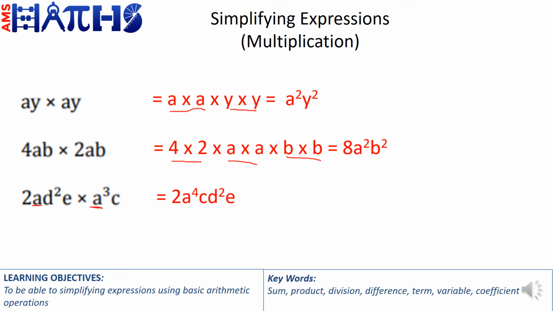So we get a to the power of 4, if you should write it out. Then we looked at our c. We only had 1 c in the question to be multiplied. So here we have 1 c. Then we looked at our d. We only had d squared, which is d squared. And then we have e, which is 1e. So when multiplied, we would get 2a to the power of 4 c d squared e.